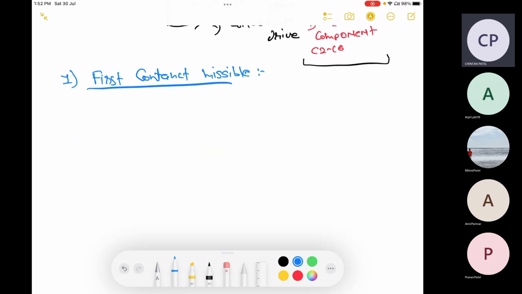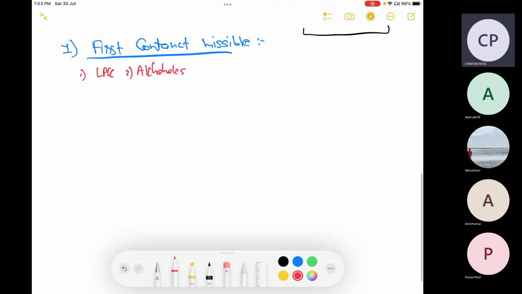So in first contact miscible, we know which two solvents we are going to inject: LPG and alcohols. These two substances we can use, and how do they behave inside the reservoir? We know this diagram.